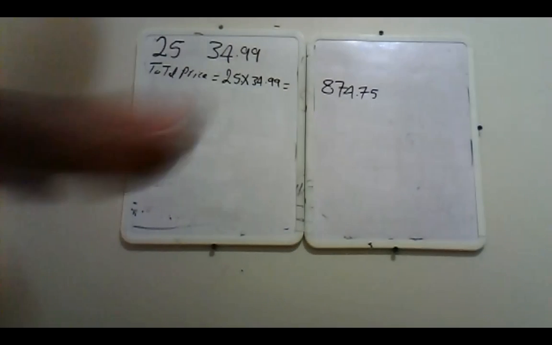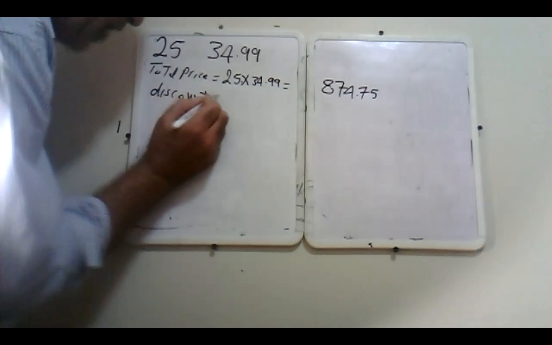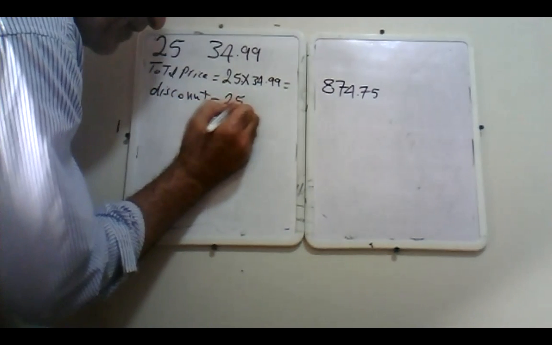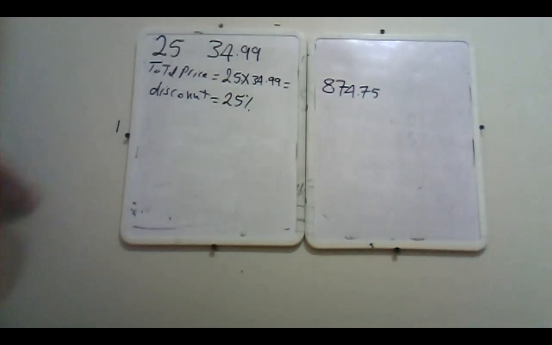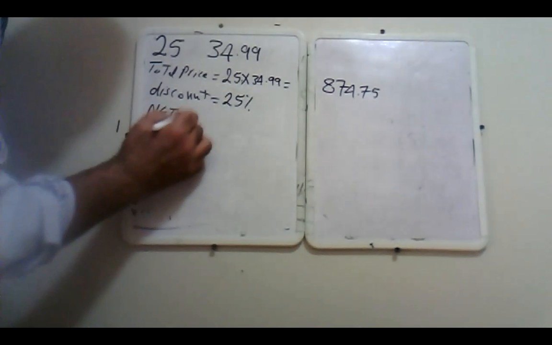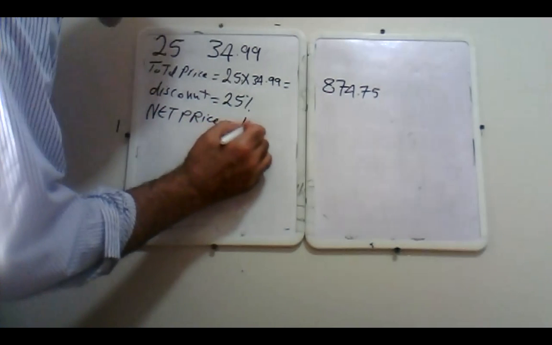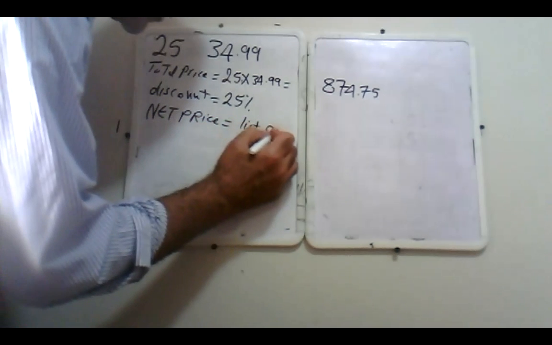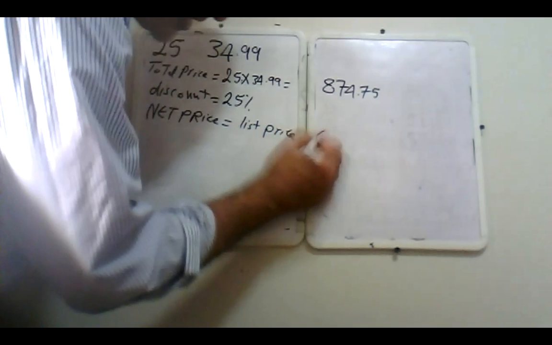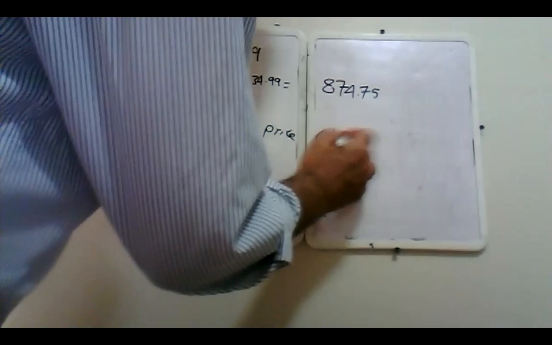Okay. So I would say the net price will equal the list price multiplied by 1 minus the discount rate.